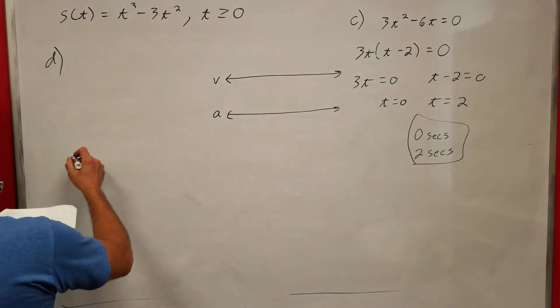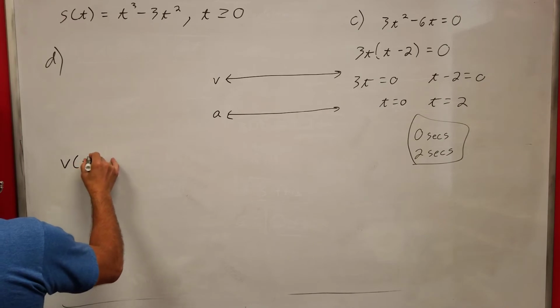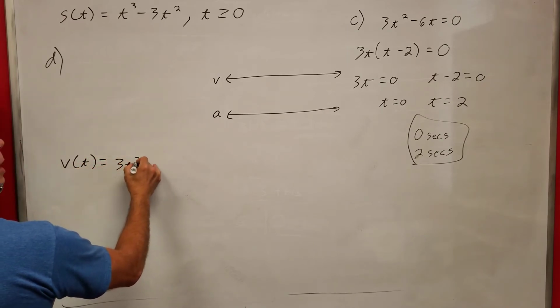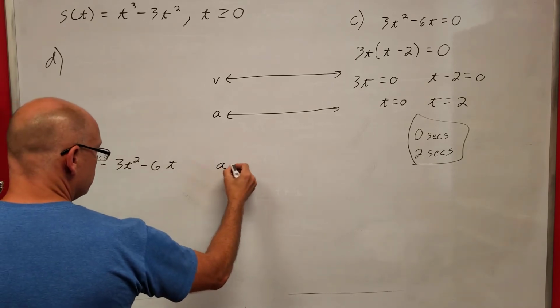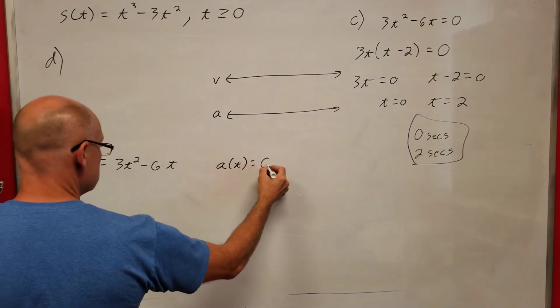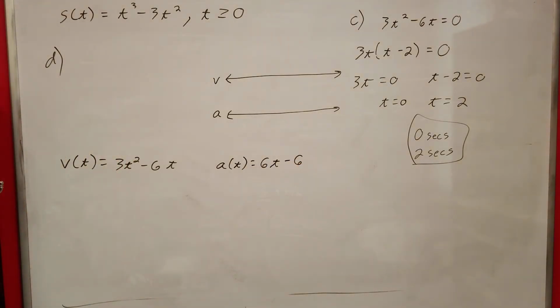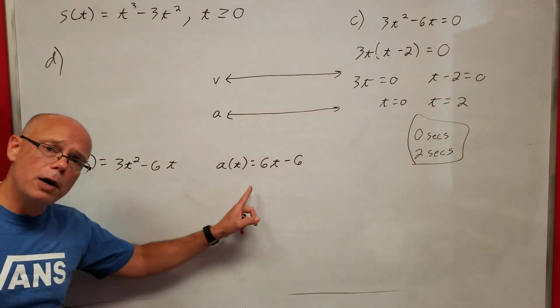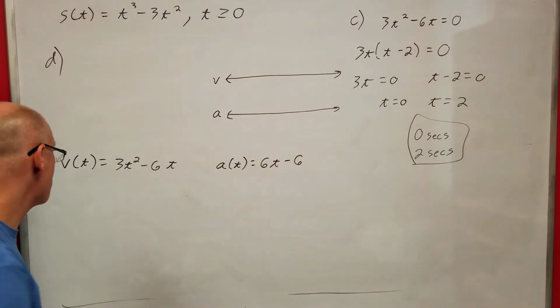All right, so what was my velocity function? V of t was 3t squared minus 6t. And my acceleration function, a of t, was 6t minus 6, right? To find out where these are positive and where they're negative, let's find out where they're 0 first.